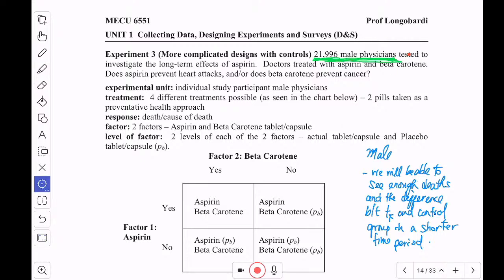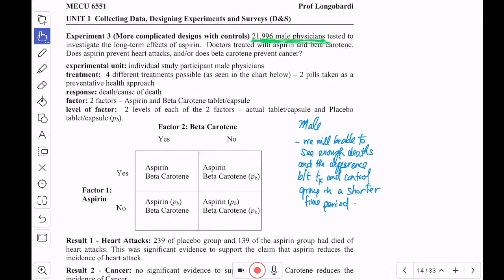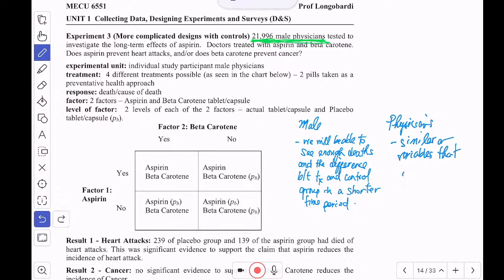And why physicians? So some suggested physicians will have, the main thing about physicians is that they're similar. That's the main thing. I'm just going to say the terms.